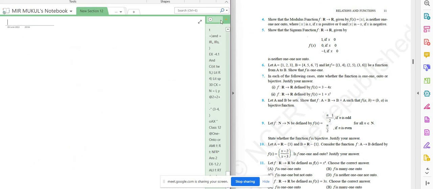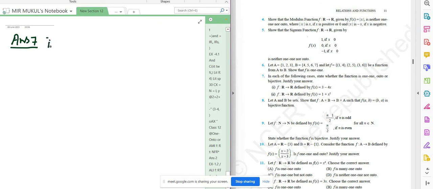Okay, fine. Question number 6 we did. Question number 7, very good question it is. If the function is a linear function, then always it will be one-one also, onto also. One question I am showing to you, other questions you will do by yourself. In each of the following cases, state whether the function is one-one, onto or bijective. Justify your answer.